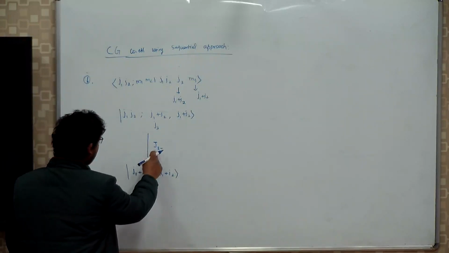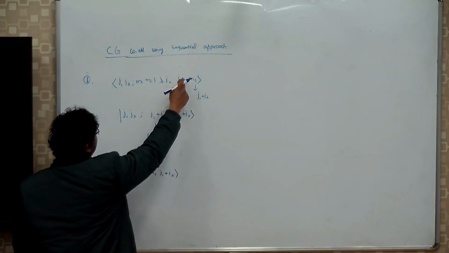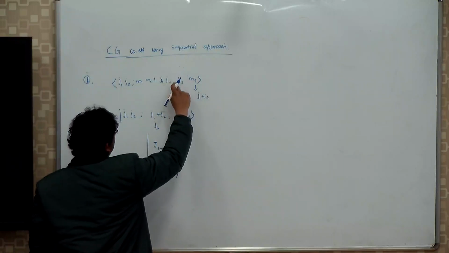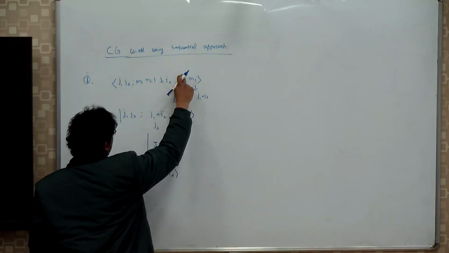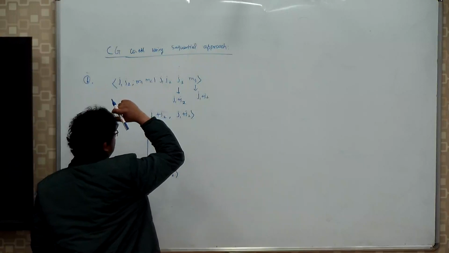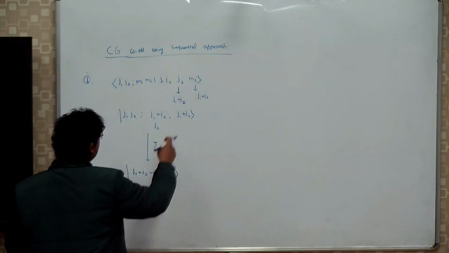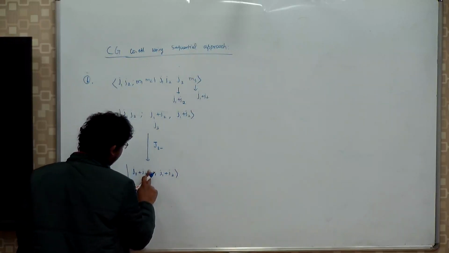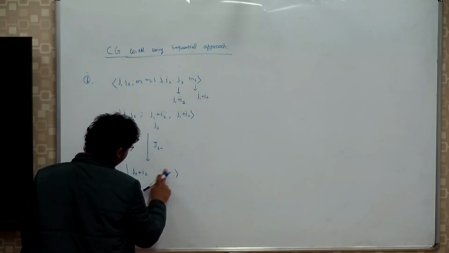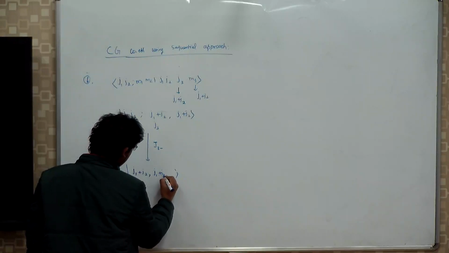If J3 minus acts on this state, it plays with M3, so J1 plus J2 minus 1.